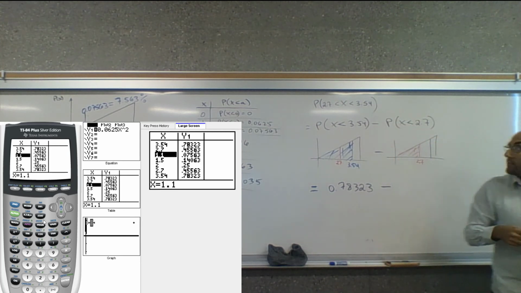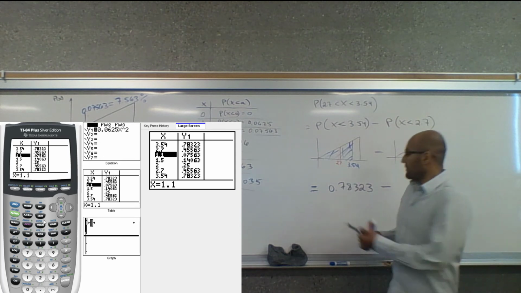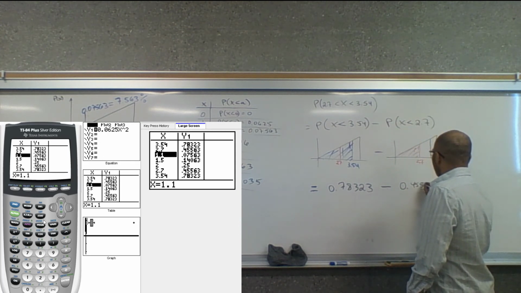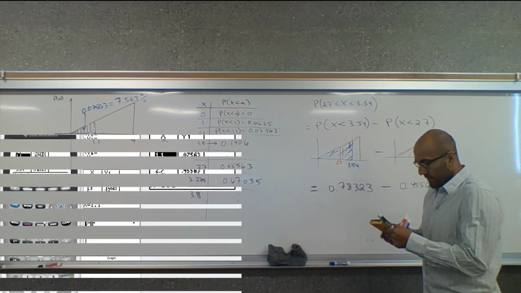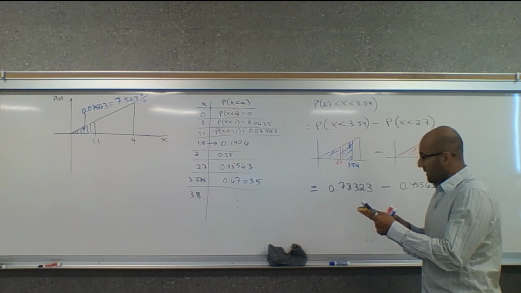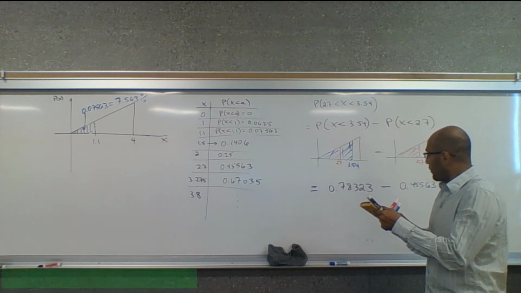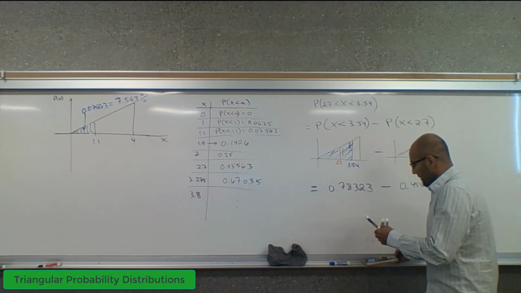So I just type in 2.7, and I'm getting 0.45563, and so I get 0.78323 minus 0.45563, which is equal to 0.3276.